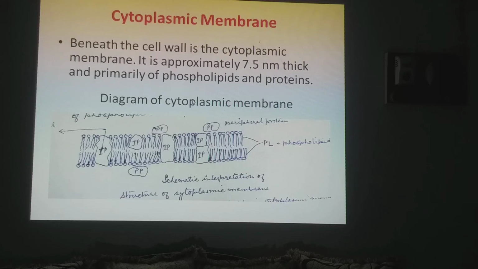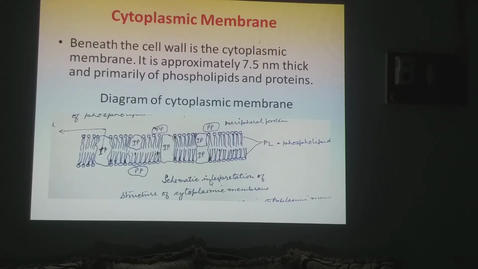Below the cell wall is the other structure, the cytoplasmic membrane. This is the cytoplasmic membrane beneath the cell wall. In the previous structure, this was there, which I prepared on my own. You can see some integral proteins and some peripheral proteins. These are the phospholipids.